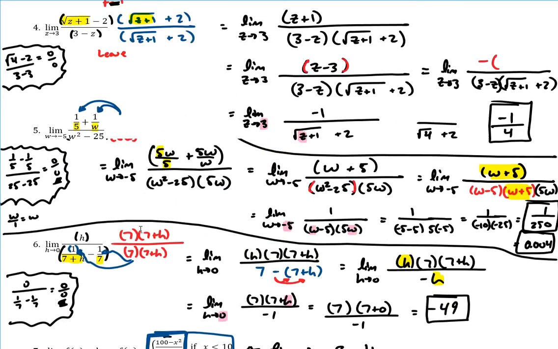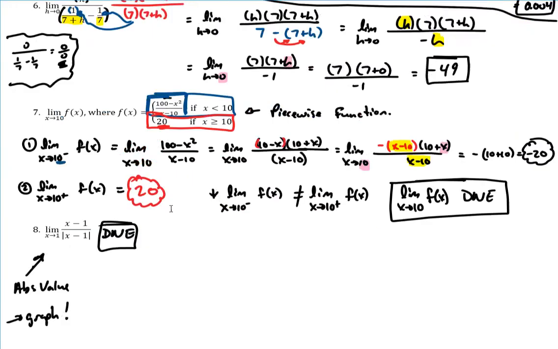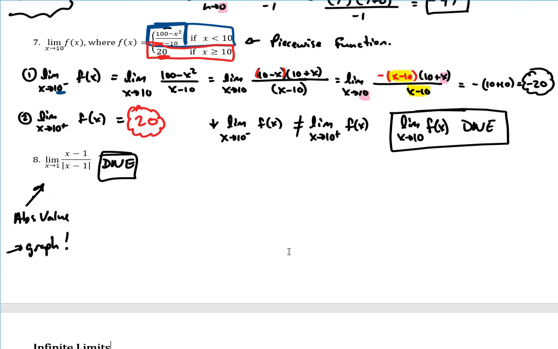And again, all of these you can plug into a calculator. Sometimes you have to change the letter. We went through some of them and did them. I skipped others. But on this side, just absolute value, just go ahead and graph it. And then from there, use your picture. Okay, so it looks something like this. And so since from the left didn't equal from the right, that's why it was a does not exist.